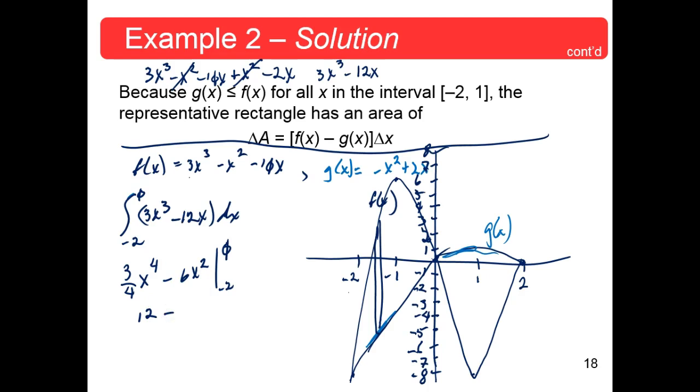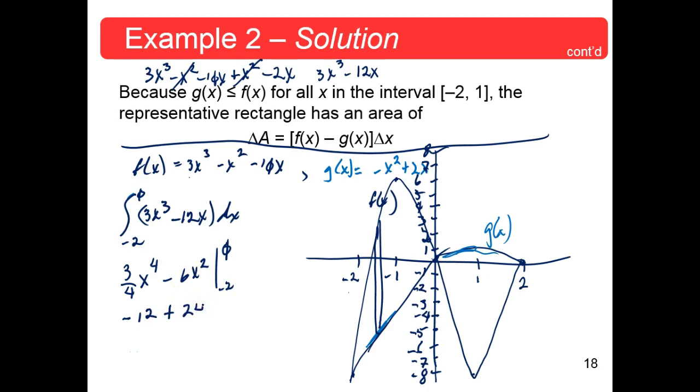Now wait a minute. That's supposed to be a minus in front because this is the second part. The 0 part's first. This is the minus. So this then will be a plus, and what would that be? Negative 24. Minus a minus 24, right?